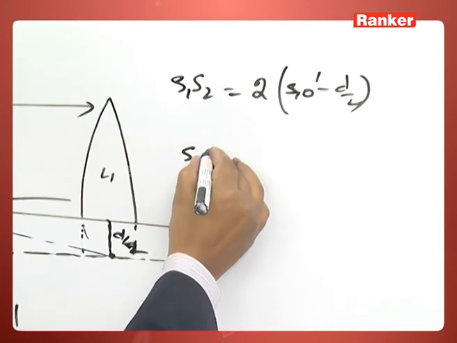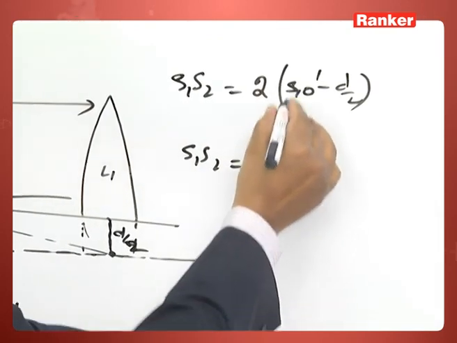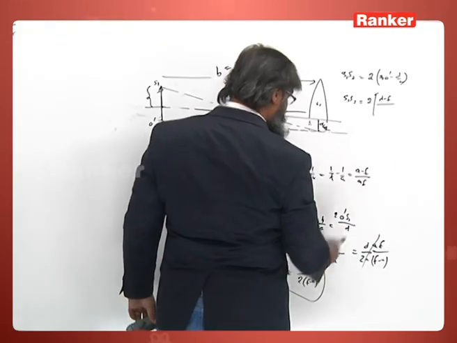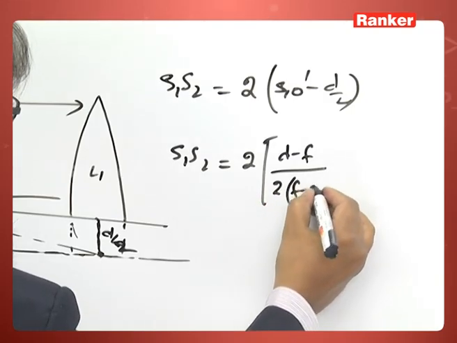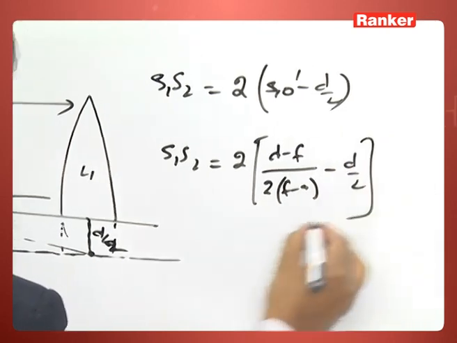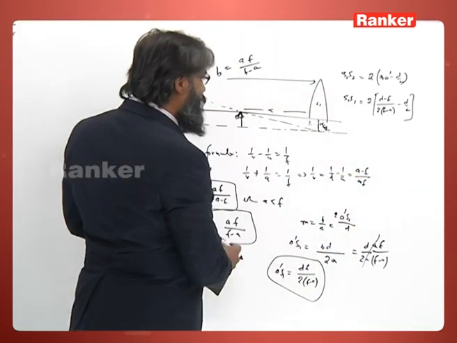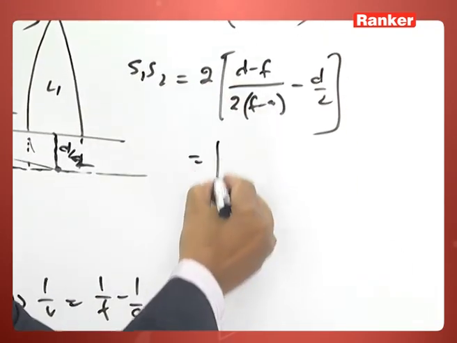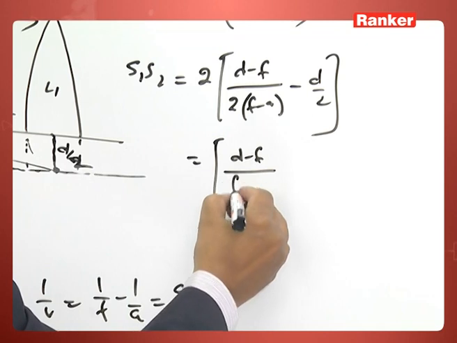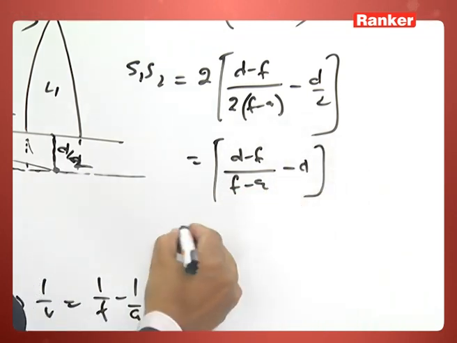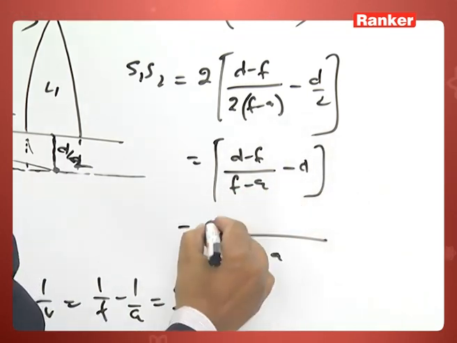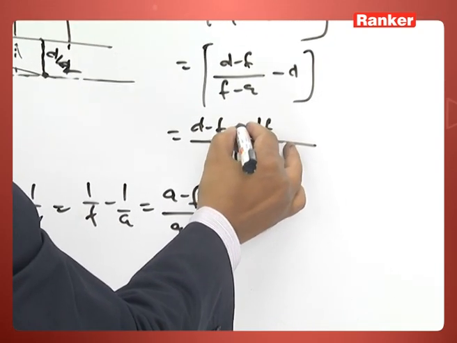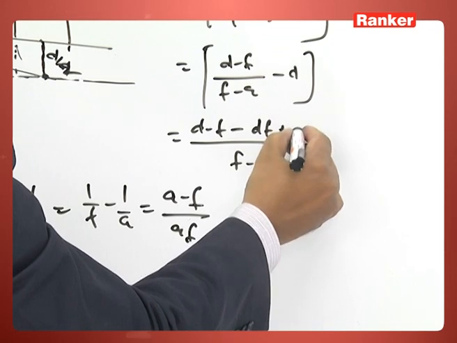We will see S1S2, that is the interesting part. S1 O dash is DF by 2(F minus A), minus D by 2. Let us calculate this. If I bring 2 inside, it will be (DF minus D(F minus A)), which is equal to DF minus DF plus AD, over (F minus A).